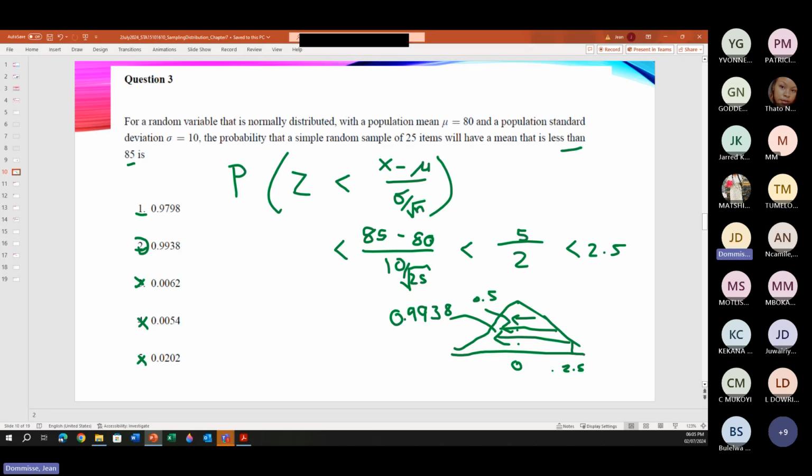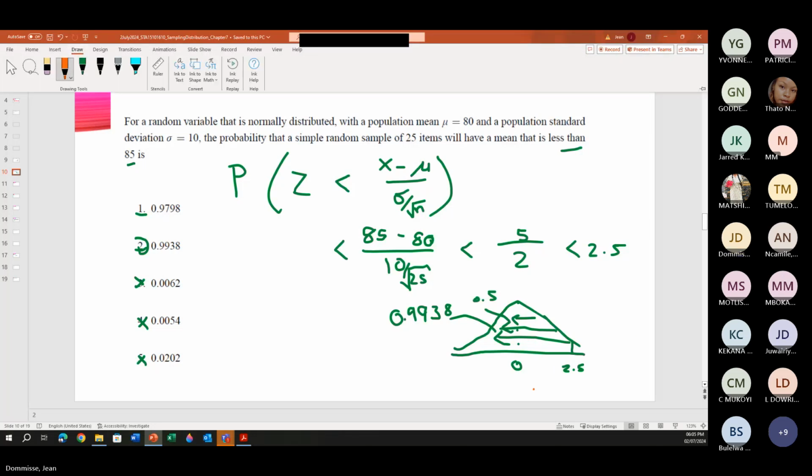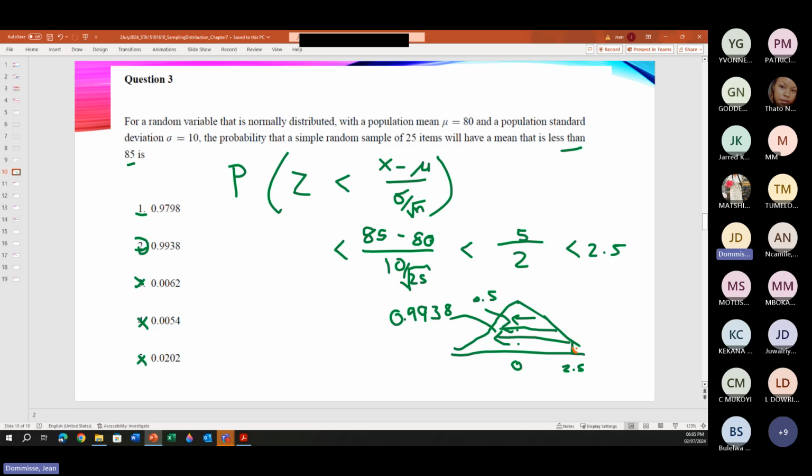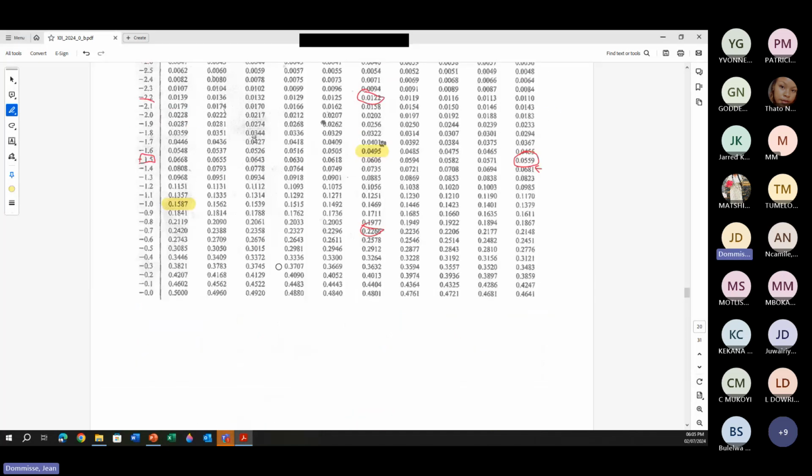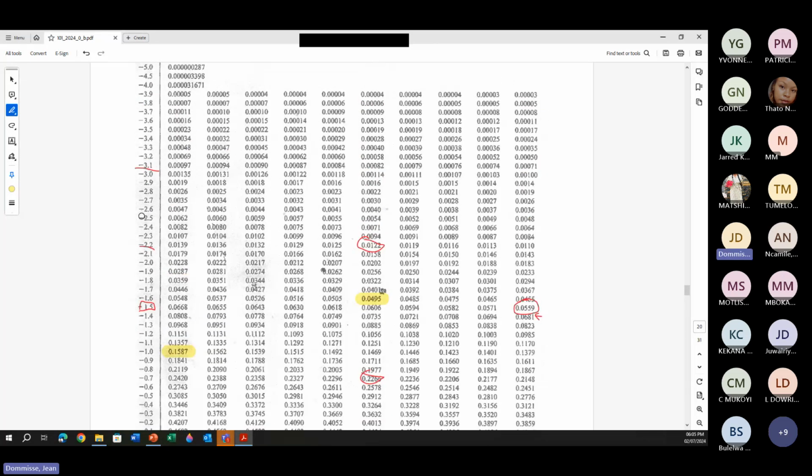If we wanted to work with a negative table because we wanted to work out this area, it's fine. Just again, remember, we're going to say 1 minus this small area. But I want to show you guys so that we just get used to using both tables. So negative 2.5.